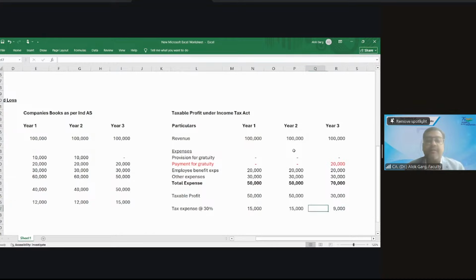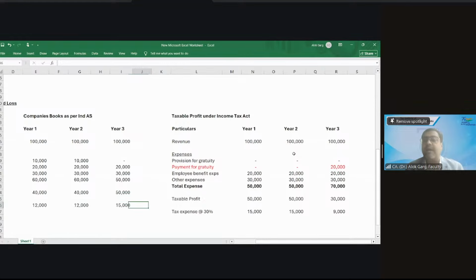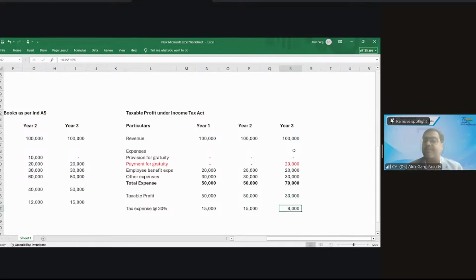In the third year, my tax expense would have been 15,000 in my books of accounts, but I am only paying 9,000 rupees. So why am I paying only 9,000 rupees? Because I have paid higher taxes earlier.